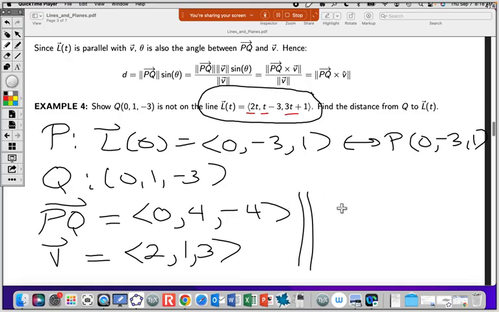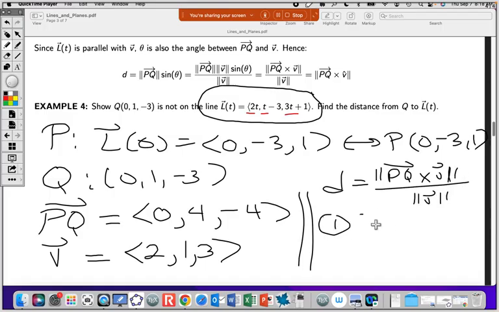So then to get the distance, here's the formula here. The distance is the magnitude of PQ cross V over the magnitude of V. So you'd have to find your PQ cross V, so that's the cross product that we talked about on Tuesday.